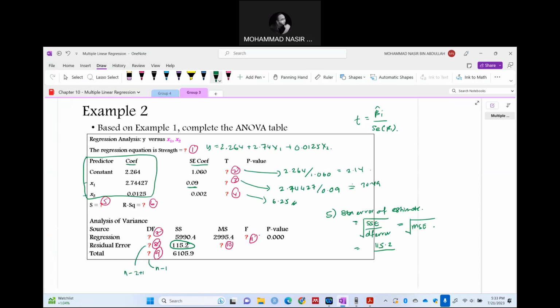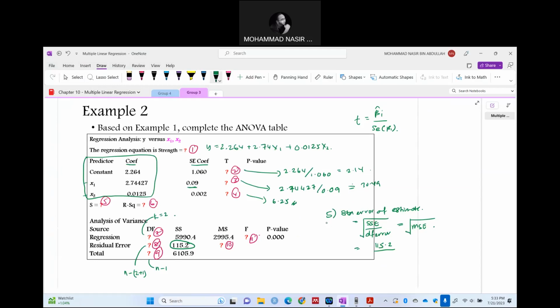This is k, which is equal to 2. This is based on example number 1.